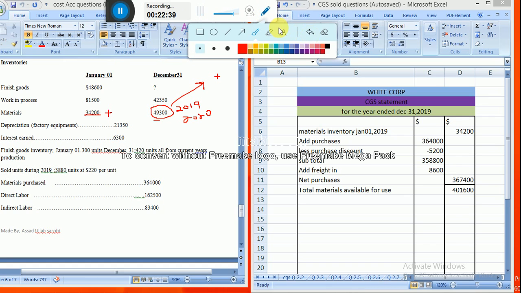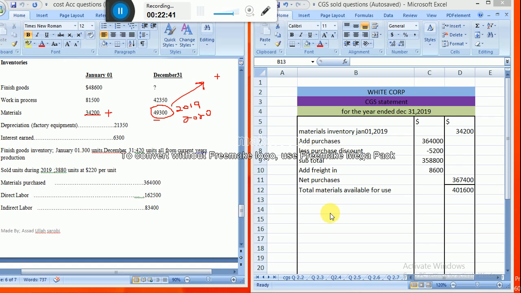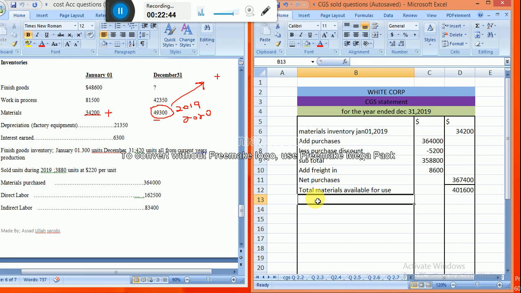Now the 49,300 material, total material was 4,16,000. So in this 4,16,000 material, now we have only the 49,300 materials.